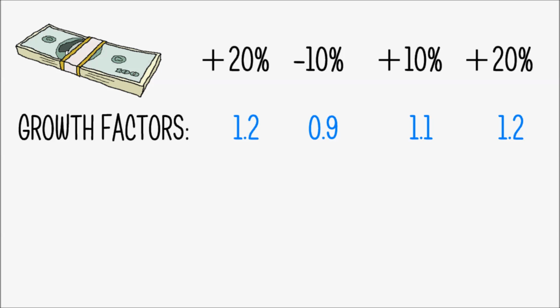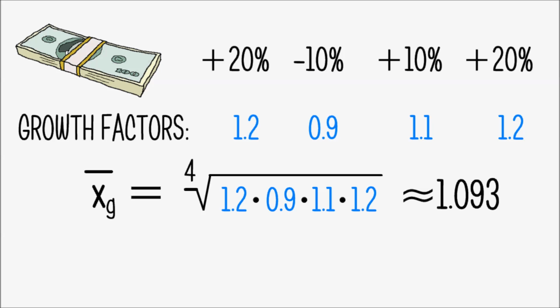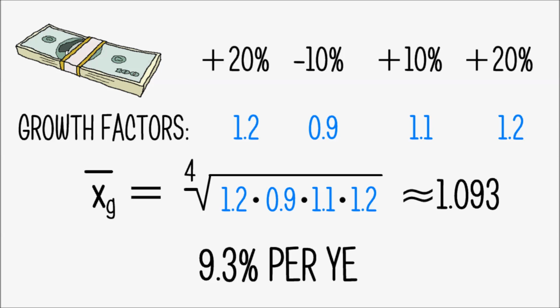If we now want to calculate the average growth of that fund, for example to compare it with a fixed annual interest rate, the correct mean to use would be the geometric mean over the growth factors, because they form a series of consecutive changes that, taken together, constitute the overall growth of that fund. In this case, we find that the investment fund grew by approximately 9.3% per year. Both the arithmetic and the harmonic mean would give us incorrect results.